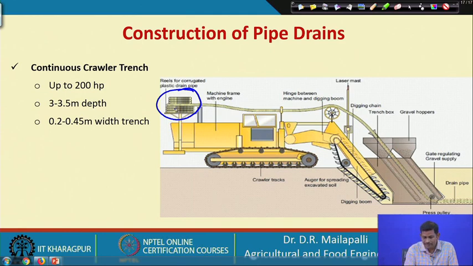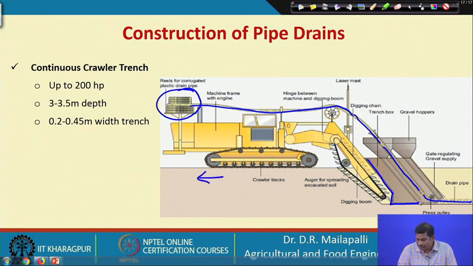Look at this, the corrugated drain pipe is wound on a vertical shaft, and from there it is conveyed all the way to the trench, and then it gets installed. The major things are here. This is the blade. The moment it goes further, right.